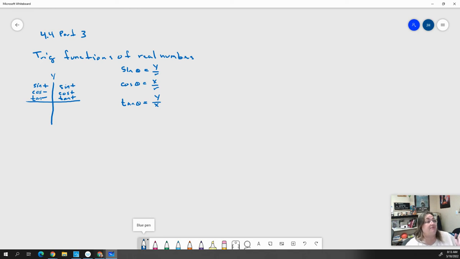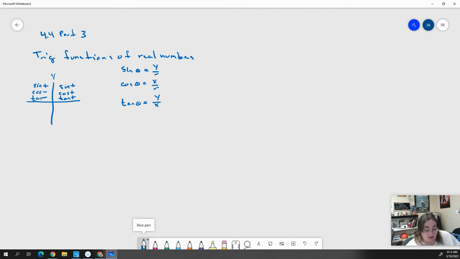Otherwise, anytime we find these reference angles, they're going to be the same, whether it be in this 0 to 90 degree, or I should say 0 to pi over 2 area. They're all going to be the same, whether I'm at 30, 60, 90 when I find that reference angle. But we need to know what signs they are.